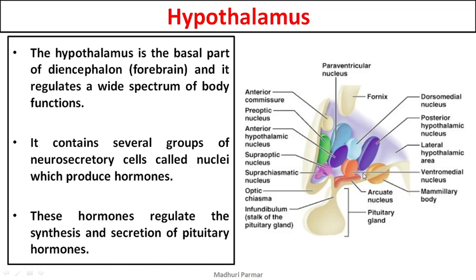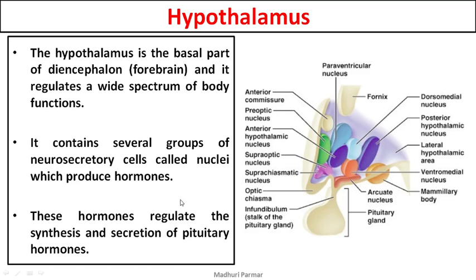The names are not important, okay? Only what you have to understand is there are such different nuclei where the neurosecretory cells secrete different hormones. Clear? So these cells, they are secreting hormones.